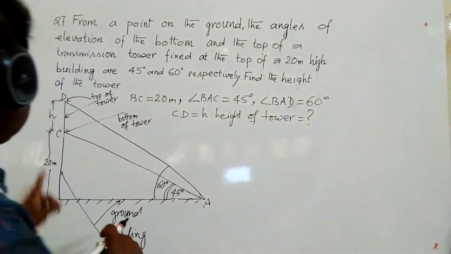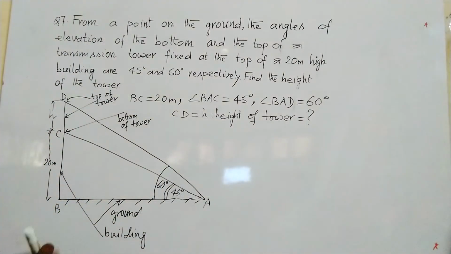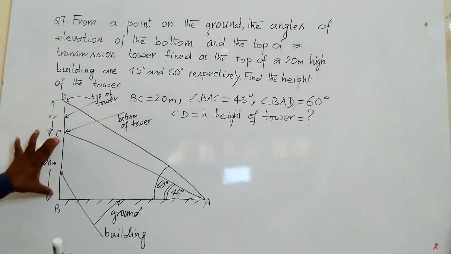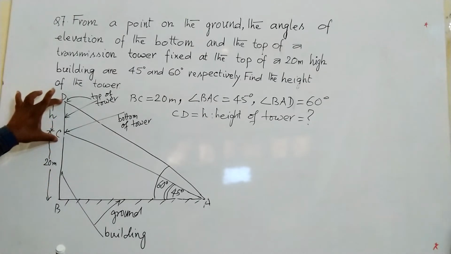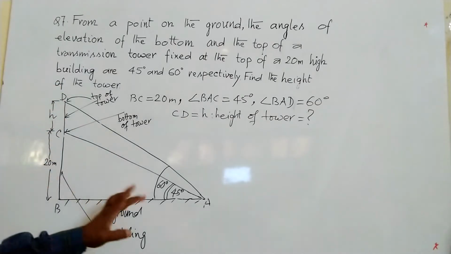Okay. Then what are we observing here? BC is the building and CD is the tower. Therefore, these will be perpendicular to the ground.